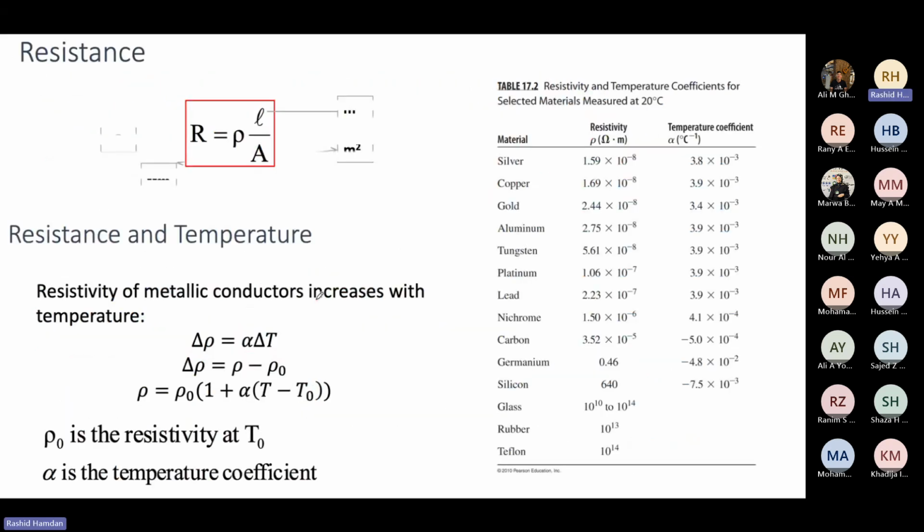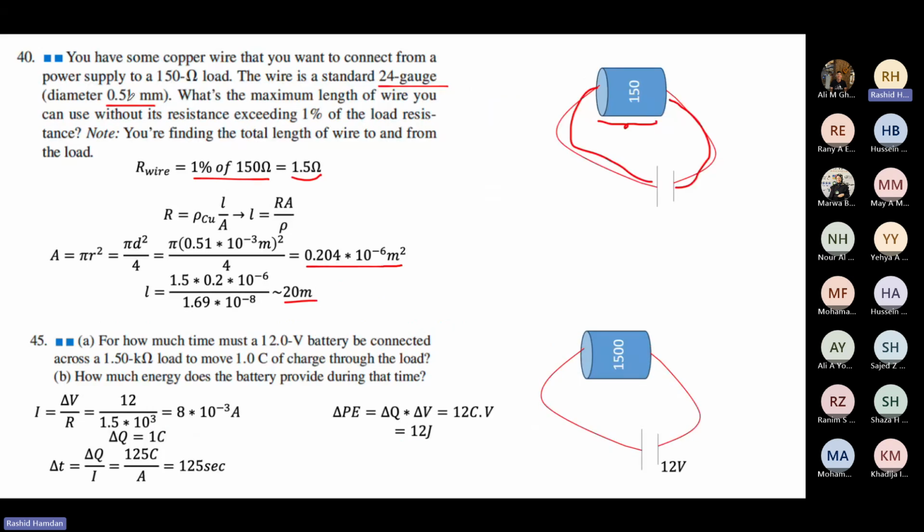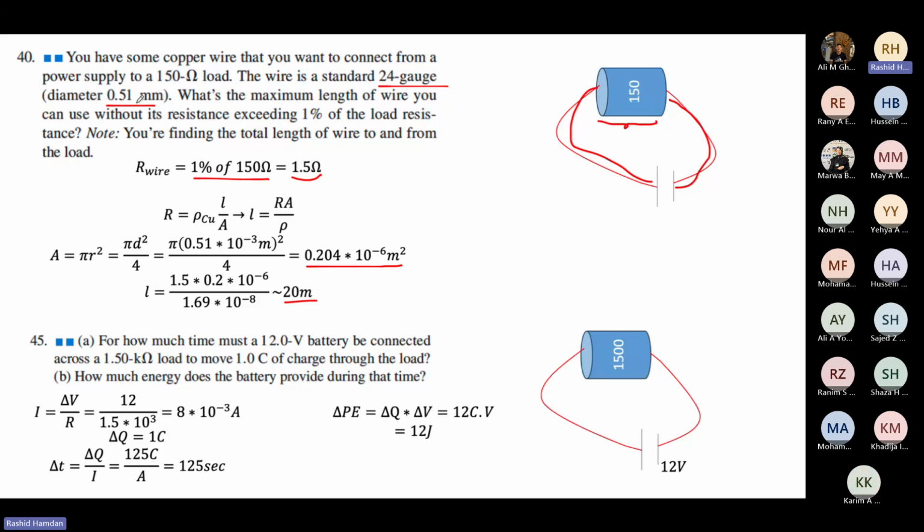Okay, so it's shorter than the 100-meter wire in the previous example. Why? Because there the diameter was 2 millimeters, here it is 0.51, so about a quarter. So that makes sense. I can have a wire of 20 meters without exceeding this 1% of the load.